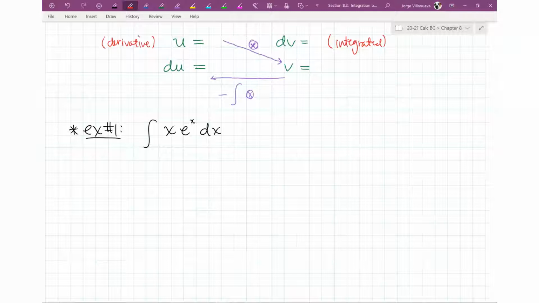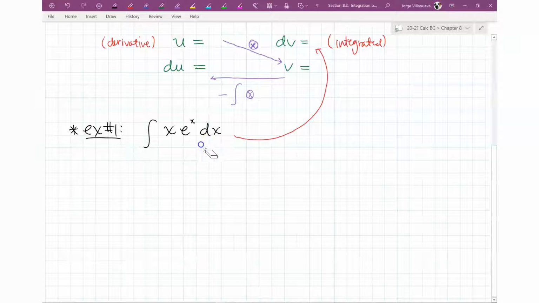So according to what I see here, I think about those two things, and then another thing I think about is, okay, I have some pieces here. I have an x, an e to the x, and the dx. Now the dx is going to have to go over here no matter what, because in order for you to integrate, you need to have a dx or something, right? dv, dx, dt, whatever it happens to be.